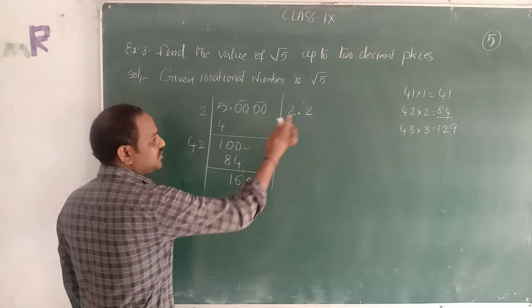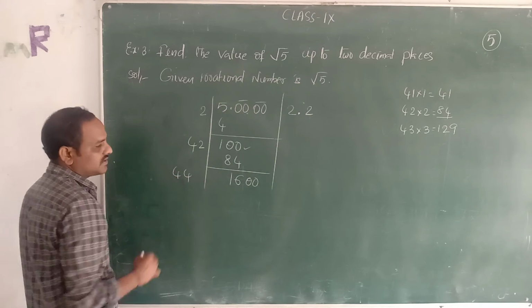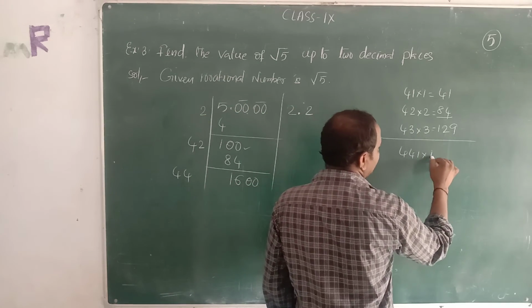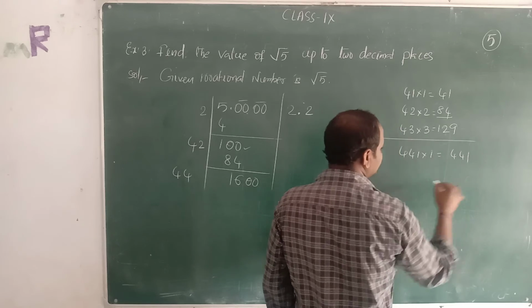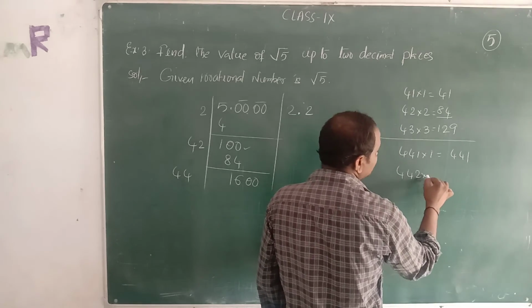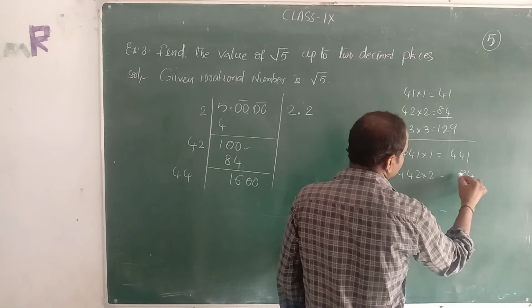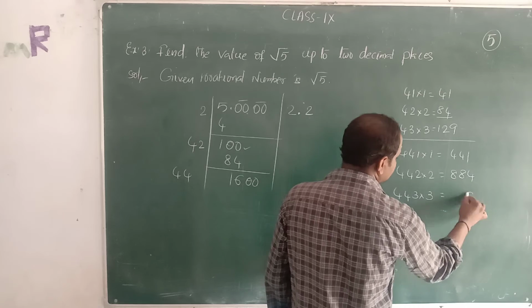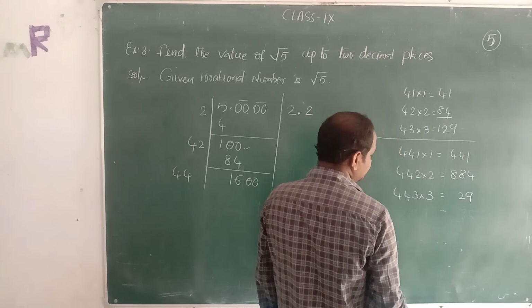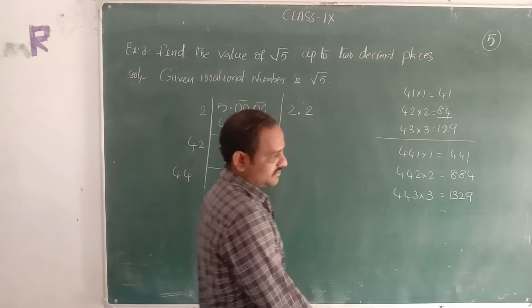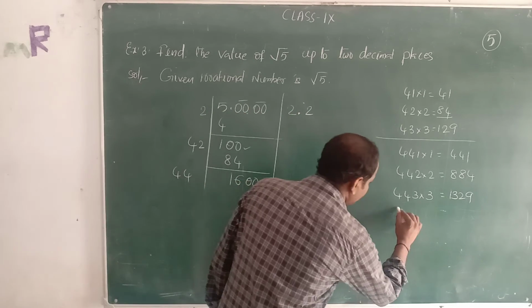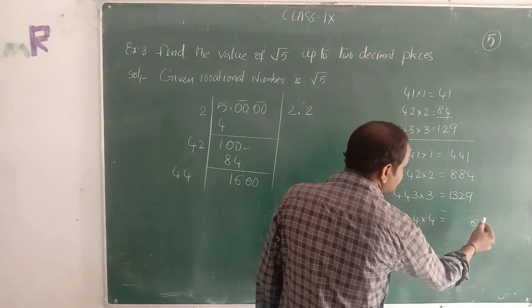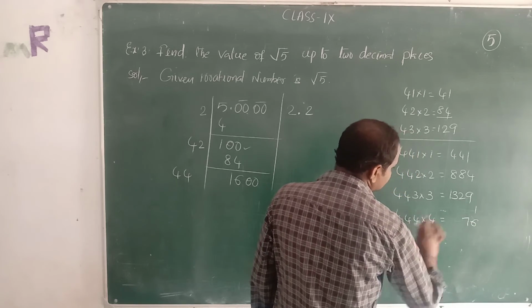So now here 42 plus 2, 44. So now 441 1 times is 441. 442 2 times is 884. Now 443 3 times is 1329. Next 444 4 times: 4 fours are 16, plus 1, 17.